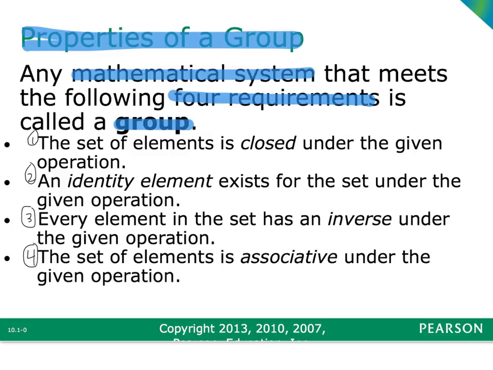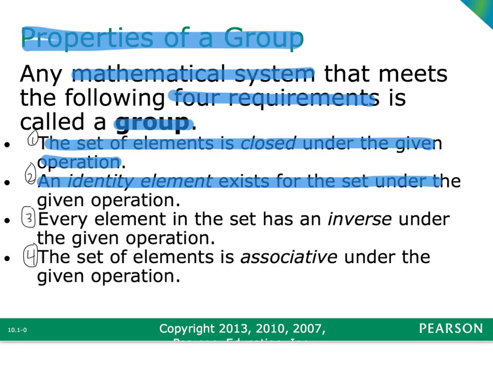The first one is the set of elements is closed under the given operation. In other words, if our operation is plus, any 2 elements that we add, we're going to get an element that's still in our set. If we're multiplying any 2 elements, the answer would still be in our set. So we need closure. We have to have an identity element in the set under the given operation. We just talked about that.